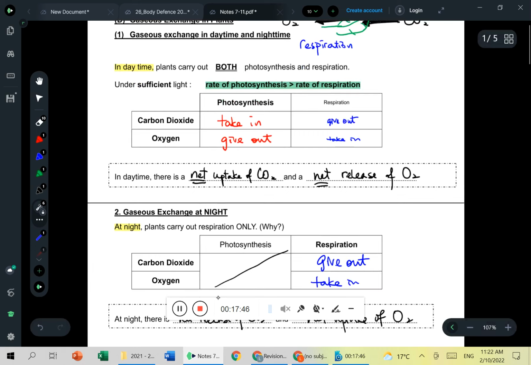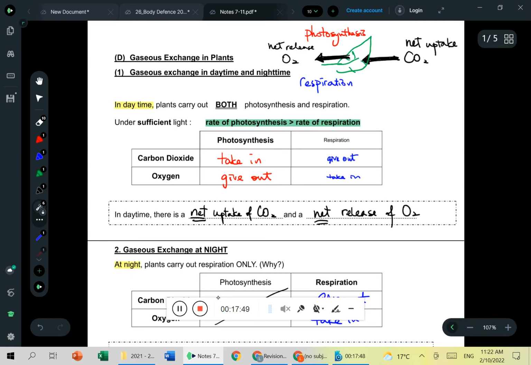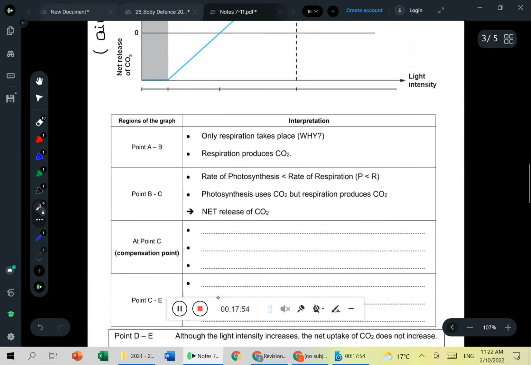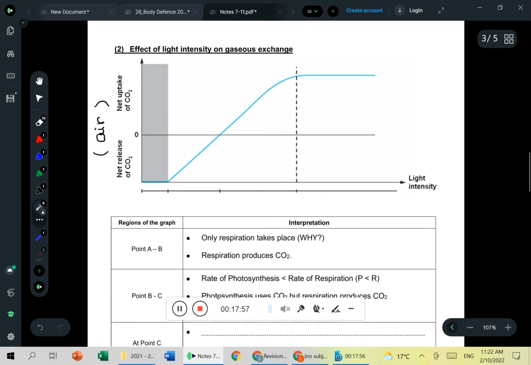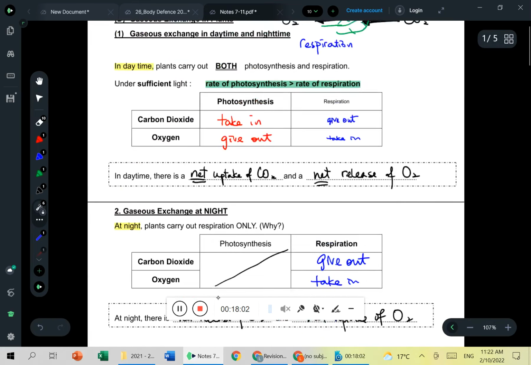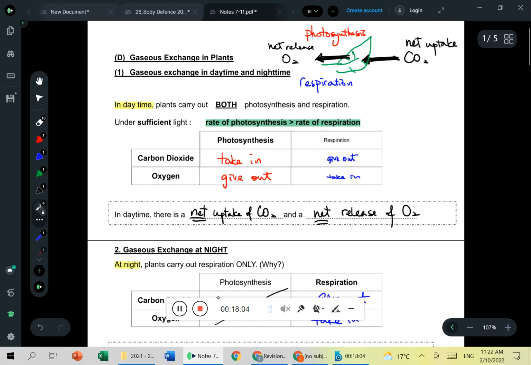And you have to present the explanation in words. And that comes to this part. Moreover, you should realize that now the amount of these gases coming in and out depends on how fast photosynthesis is, right? And the speed of photosynthesis is affected by light intensity.